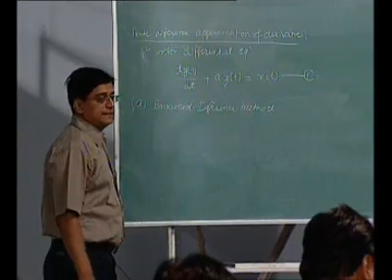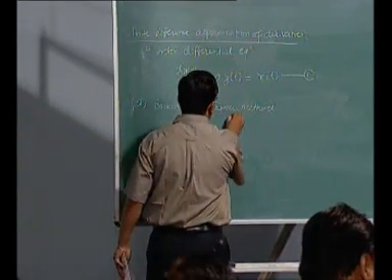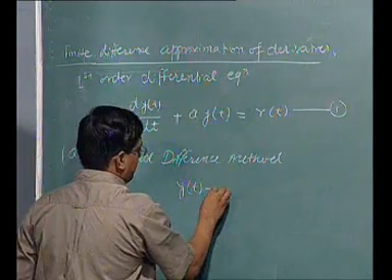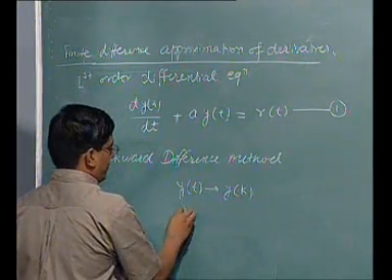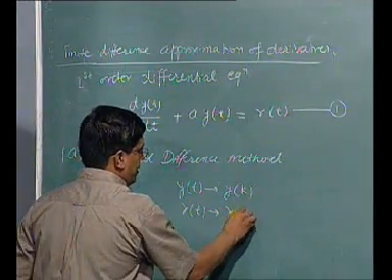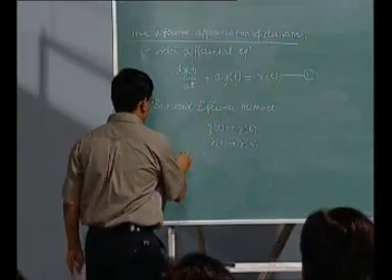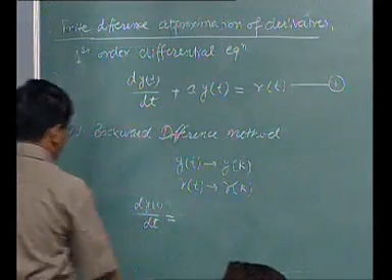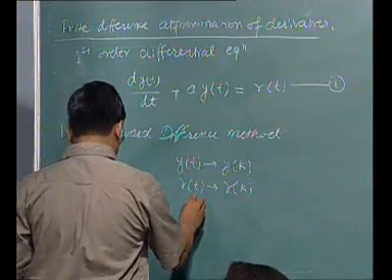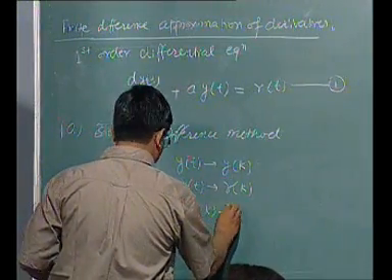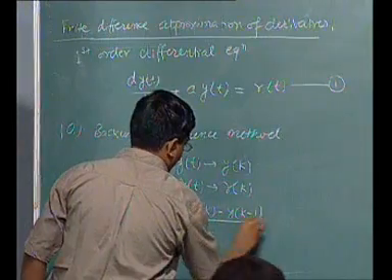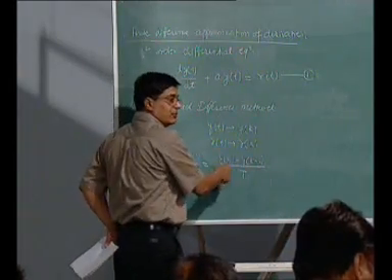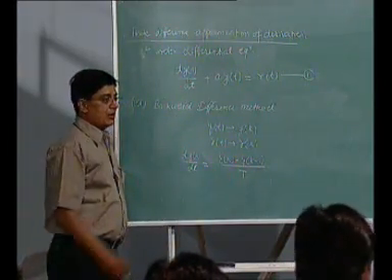According to this method, it says that replace y(t) by y(k), r(t) by r(k), and derivative dy by dt equals to y(k) minus y(k minus 1) upon T. That is the finite difference of consecutive samples according to this method.